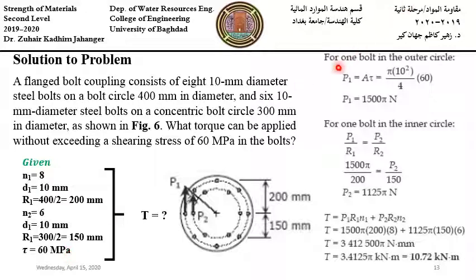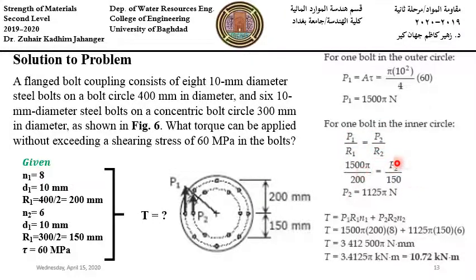So for one bolt in the outer circle, we will apply the allowable shearing stress. So P1 equals A tau, and P1 equals 1500 pi newton. For one bolt in the inner circle, because we applied the shearing stress for the first row, for the second row we'll use the next equation, which is P1 over R1 equals P2 over R2.